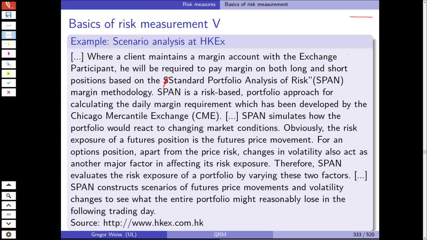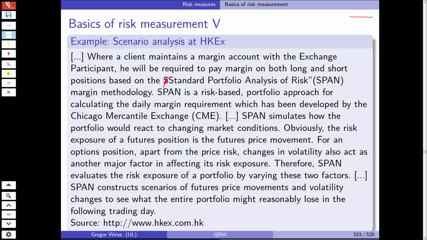It's called the Standard Portfolio Analysis of Risk, or simply SPAN margin methodology. SPAN is a risk-based portfolio approach for calculating the daily margin requirement, which has been developed by the CME, and so on and so on.